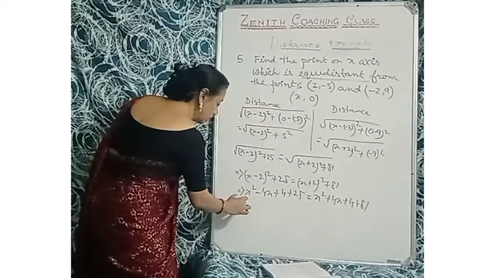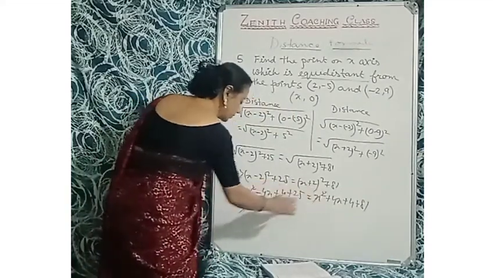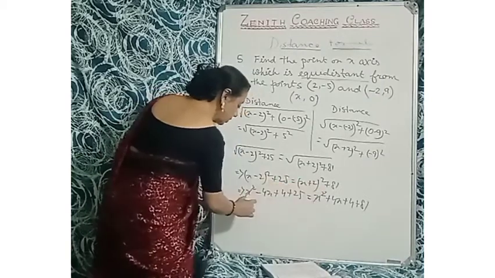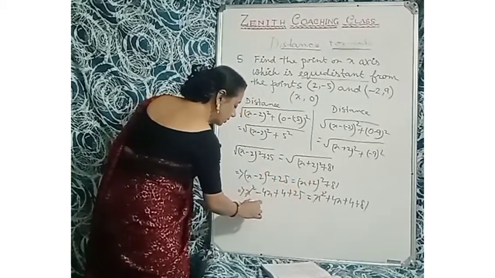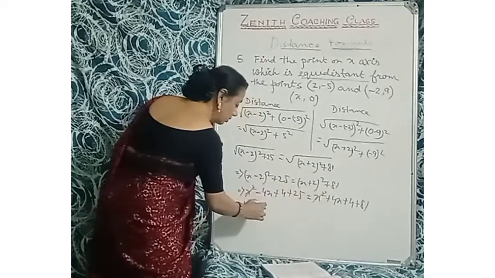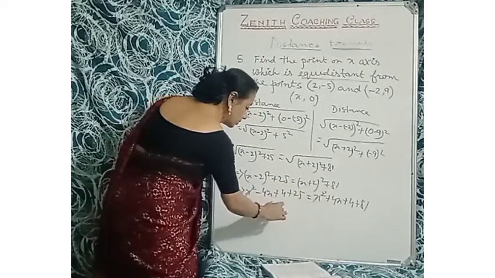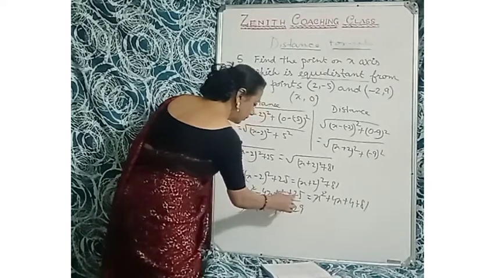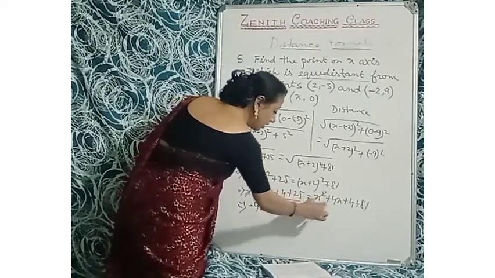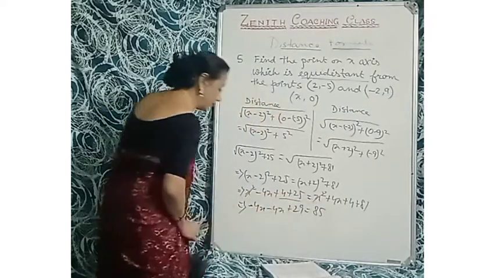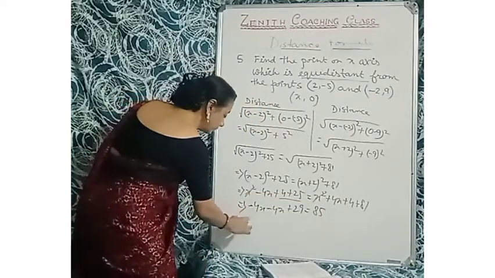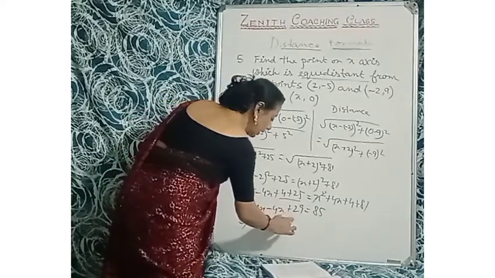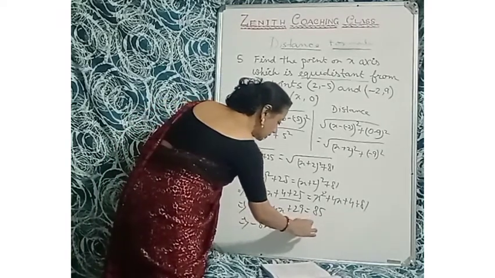So x² cancels. Minus 4x and 4x, so here is minus 4x and take it here. So minus 4x, plus 29, 4 plus 25 is 29. Here is 85. So minus 8x equals 85 minus 29.